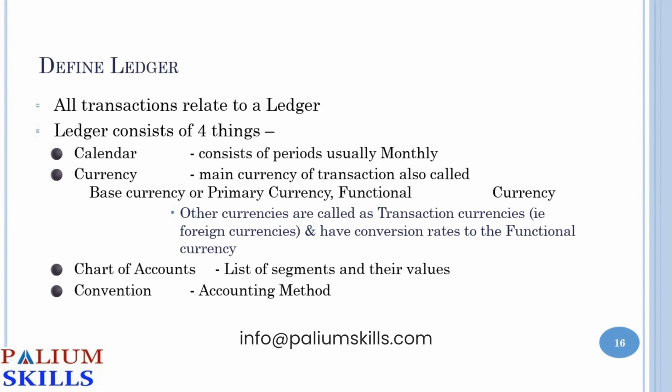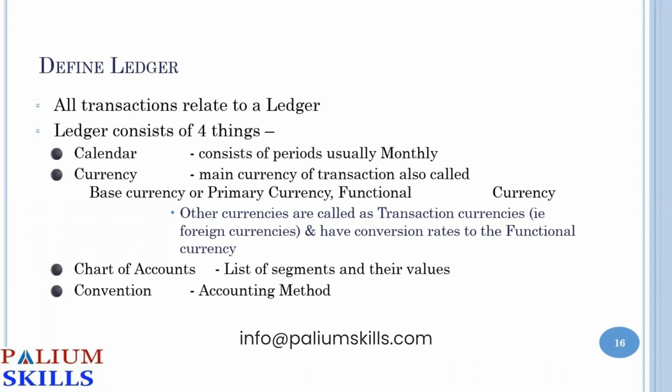Ledger consists of four things: calendar, currency, chart of accounts, convention. Calendar consists of periods, usually monthly. Currency: the main currency of transaction is called the base currency or primary currency, also called the functional currency.